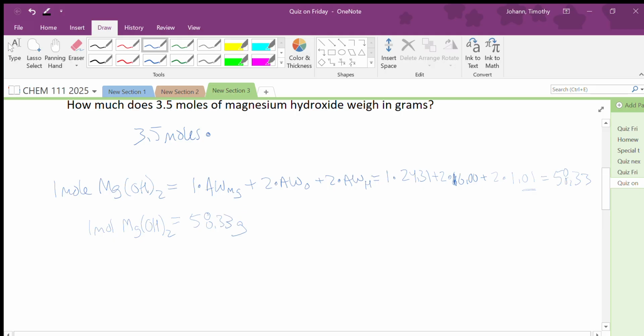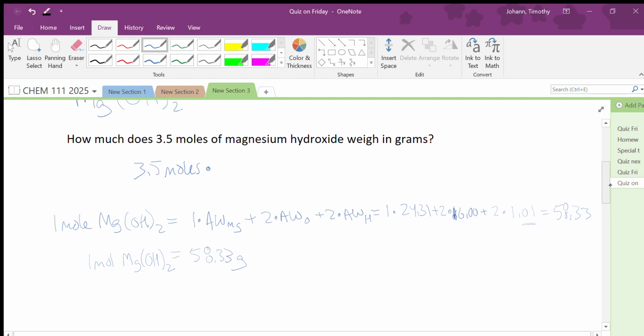Now that we have our conversion factor, we can scoot up here. What goes on the top here? Grams or moles? Grams, because I want to cancel my moles, right? Being able to cancel stuff, that's how this process works right here.